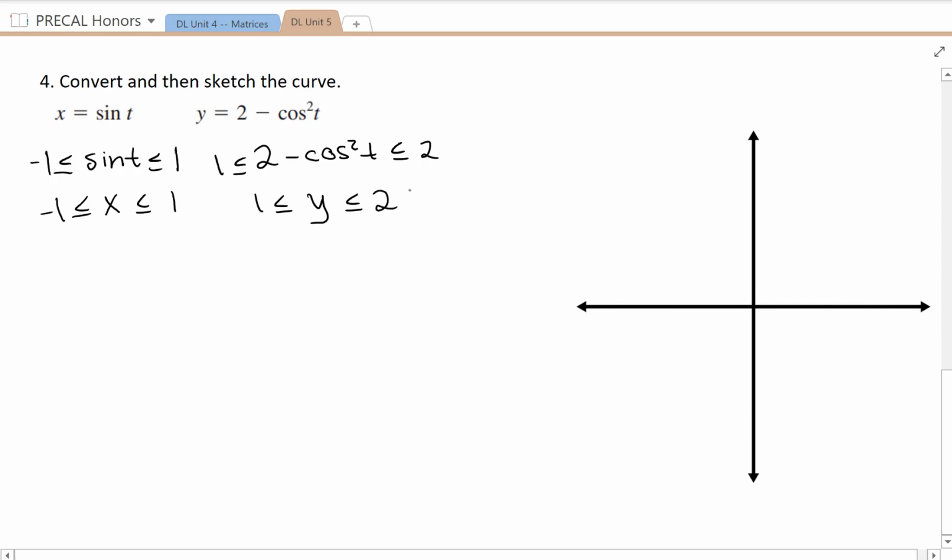Okay. So can I write one in terms of the other and then substitute? That's what I'm going to try to do. Instead of cosine squared t, I'm going to write 1 minus sine squared t. The Pythagorean identity, distribute.